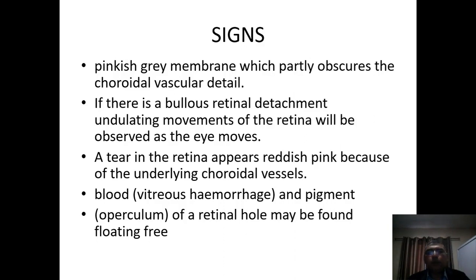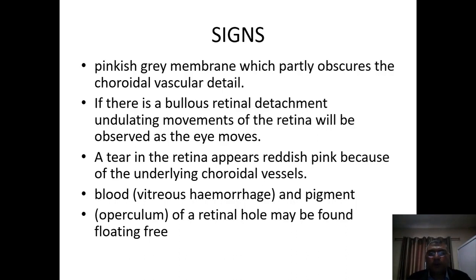For the signs, we examine the fundus and see a pinkish gray membrane undulating in the vitreous cavity, and you can see the retinal tear, pinkish reddish, through which you can see the choroidal vessels.